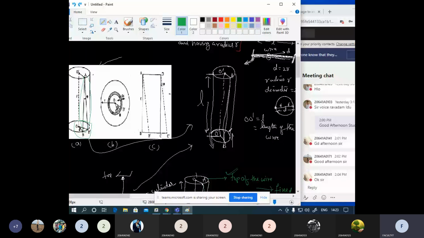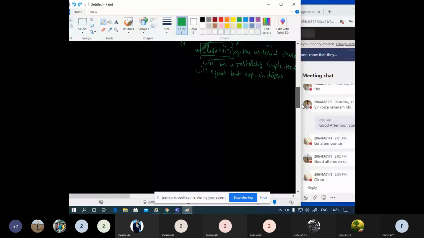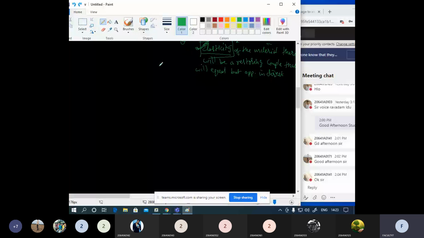Now let us identify. I will redraw the diagrams. From the first diagram, part A, I am redrawing the diagram. Now try to identify. Here this is the bottom, so the entire thing is there in the diagram.